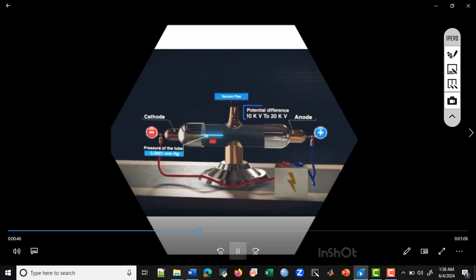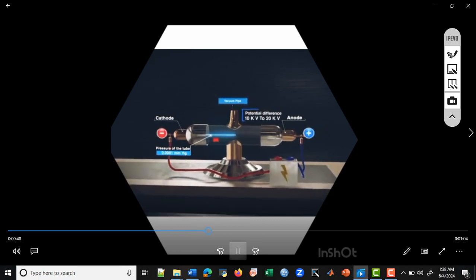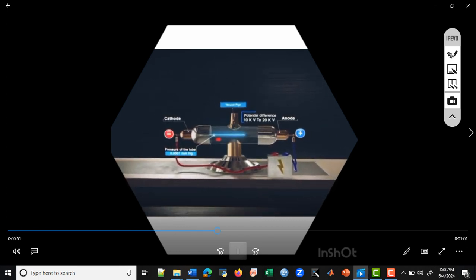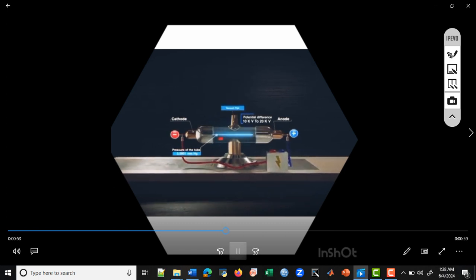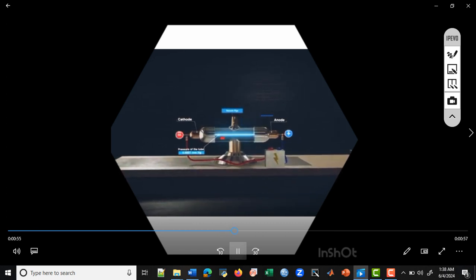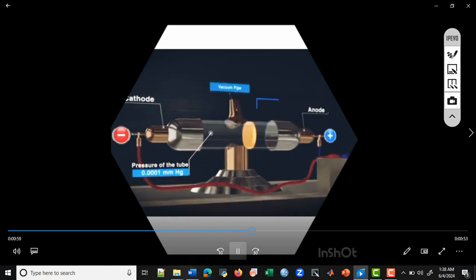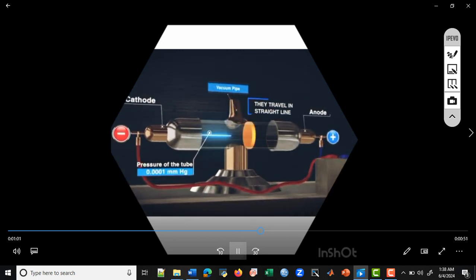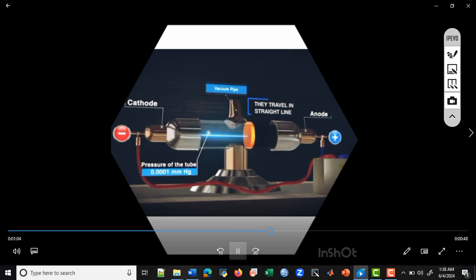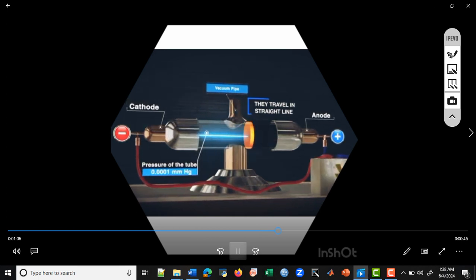And you see that they travel in a straight line. Observe the color of the cathode rays. They travel towards the positive terminal of the tube, where you have the anode, and they travel in a straight line.